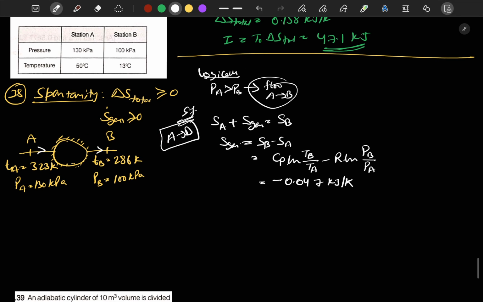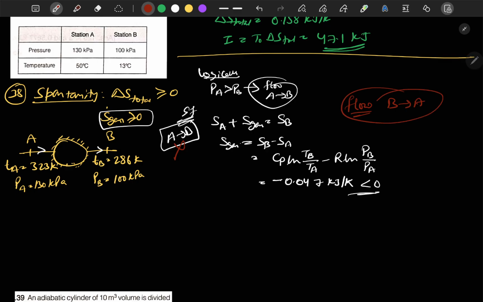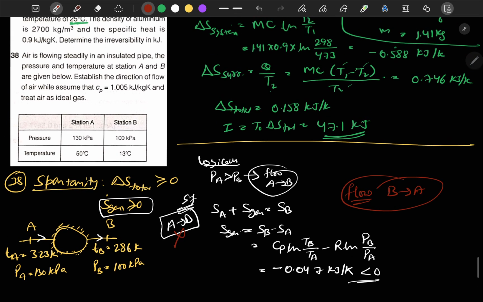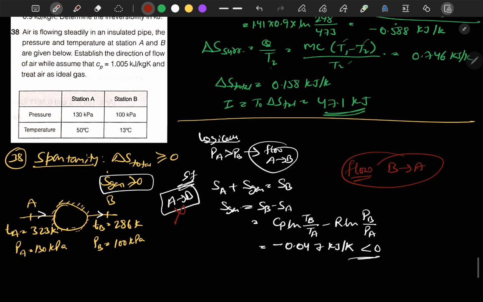For spontaneity the S generation must be greater than or equal to 0, but here it is less than 0, so our assumption that the flow is from A to B is incorrect. The flow must be from B to A. With that we will move to the next question.